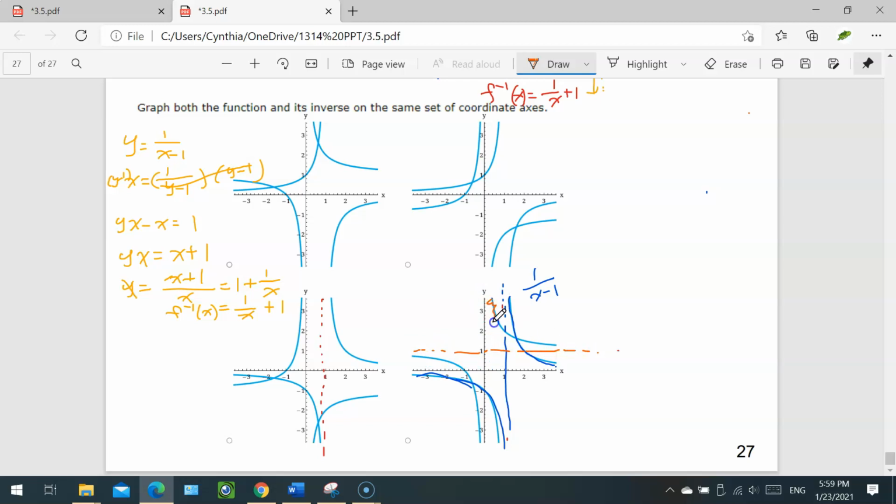So that means this one and this one are the inverse of f of x. So it's 1 over x plus 1. This one is not possible because this graph doesn't have the horizontal asymptote at y equal 1, which means this point. So this is correct.